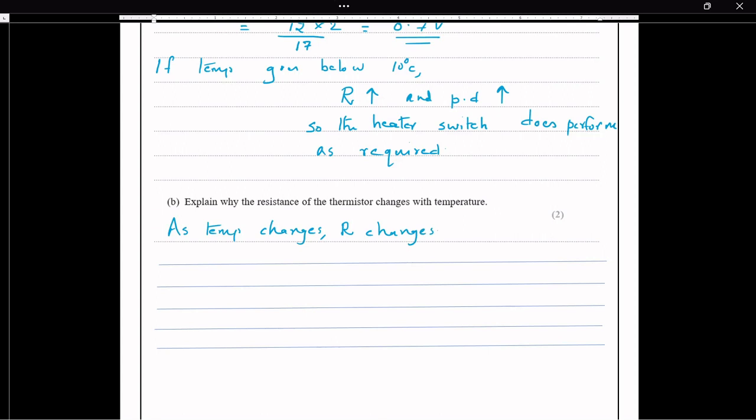So let me write: thermistors are made of semiconductor materials.